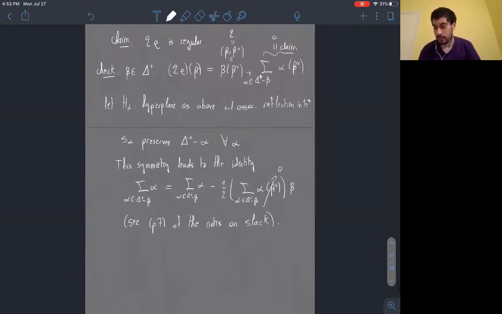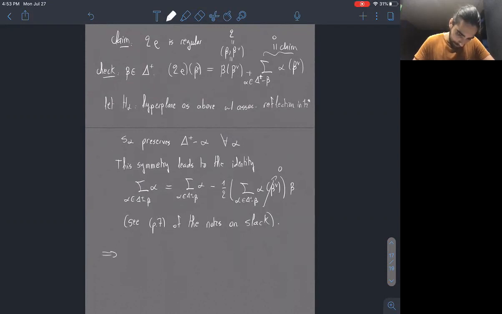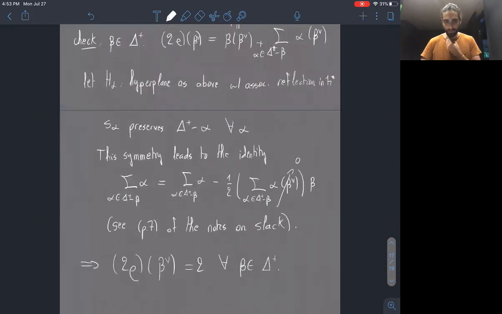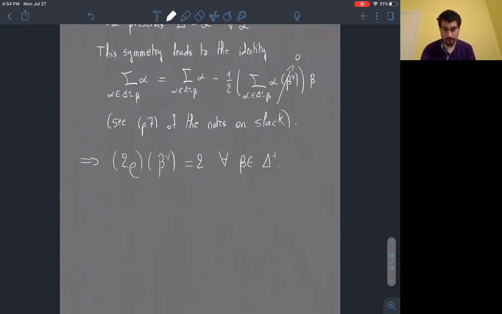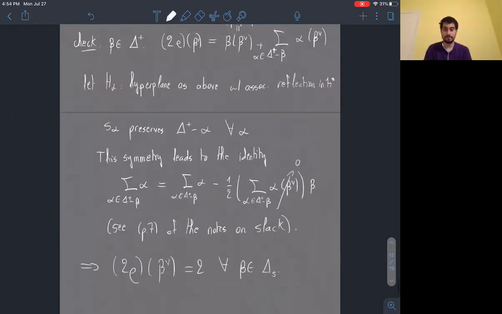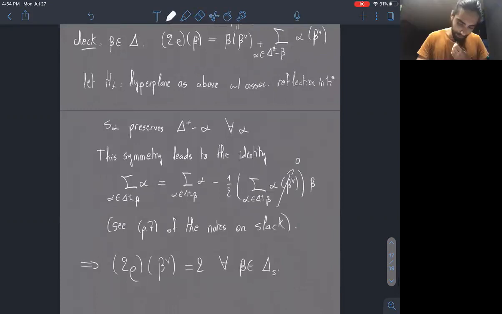Also, just to emphasize, not only is it regular, but it is exactly 2 on every co-root. Exactly, you actually get this equality that's stronger. Only on the simple ones. On the simple ones, yeah, that's true. Maybe I should put simple here.